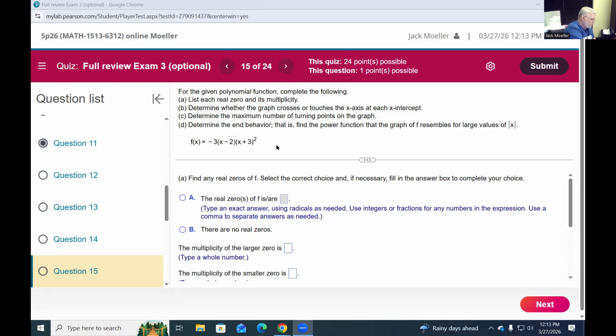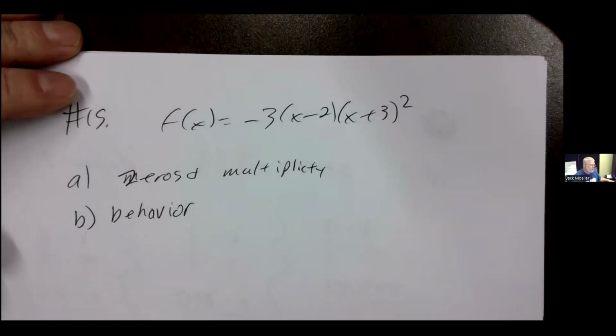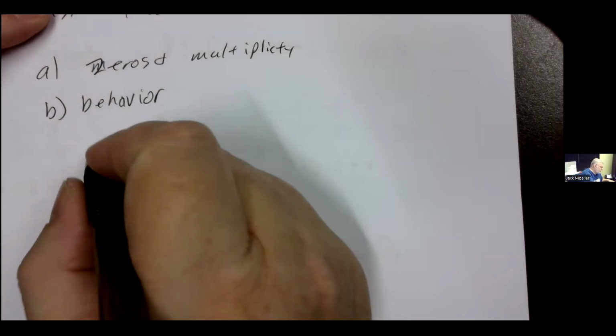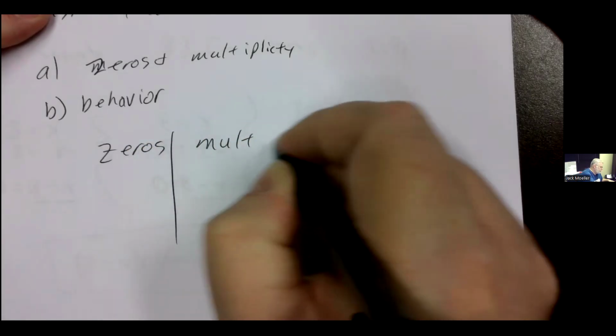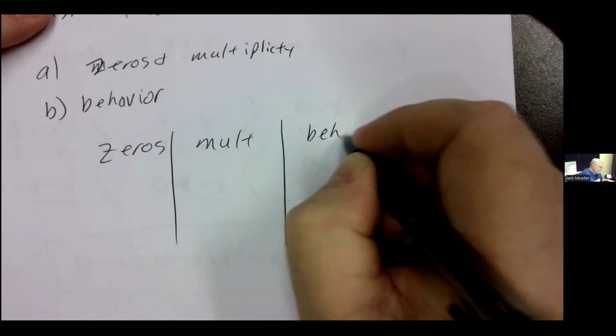So I'm used to doing this in table form. I'd recommend doing this in table form first, and then translating your answers over into MATLAB. So let's see how we answer this question. All right, so I'm going to do a table for zero, multiplicity, and the behavior.